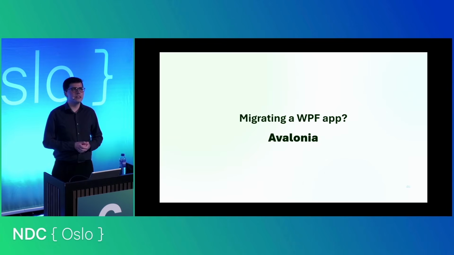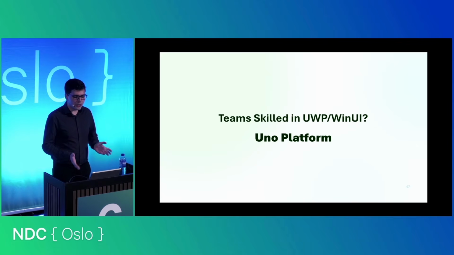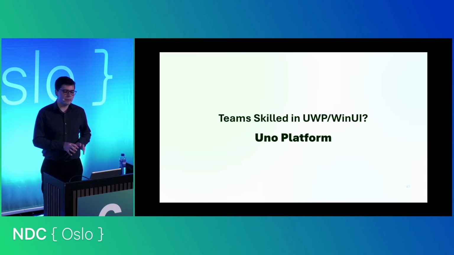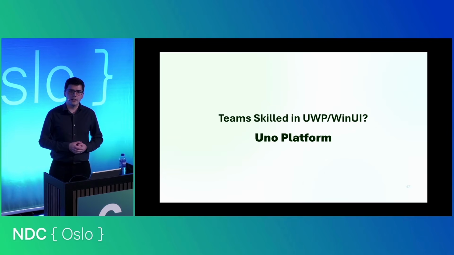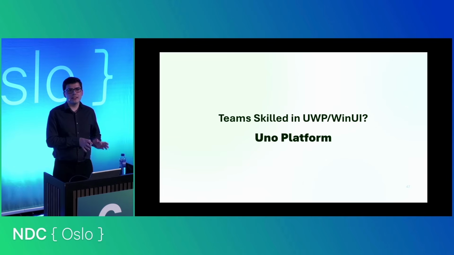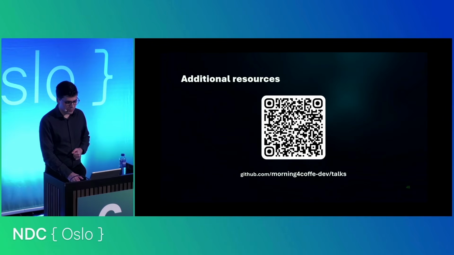And if you're migrating or your team is already skilled in the UWP and WinUI kind of XAML and style of development, I would choose Uno platform as well, because you can just take your existing UWP or WinUI application and run it across Uno platform, and it will work cross-platform.